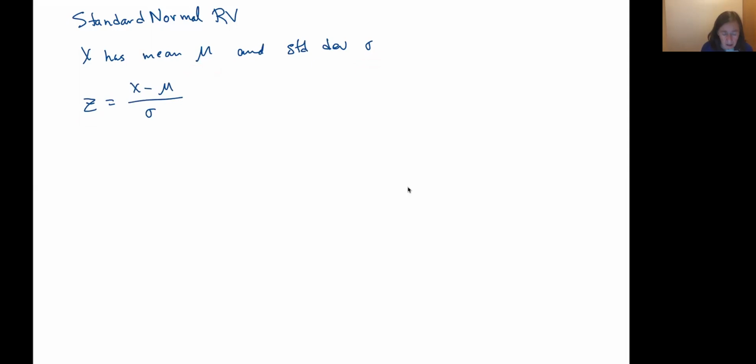Mu is just a number and sigma is just a number. And so this is a linear transformation. If you want to think about it, it's like ax plus b, where a is just 1 over sigma and b is negative mu over sigma. That's all we're doing here.